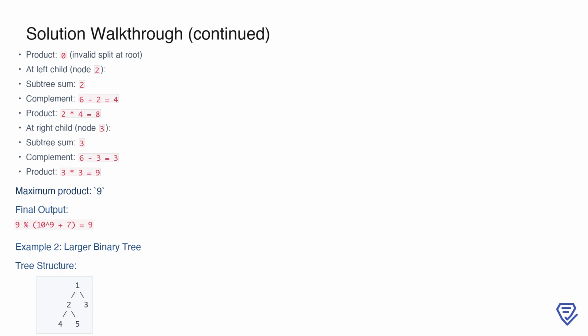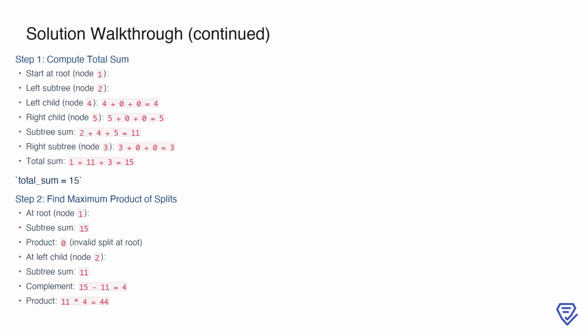The product of these two parts is 2 times 4, resulting in 8. Similarly, at the right child, node 3, the subtree sum is 3, and the complement is also 3. The product is 3 times 3, giving 9. Among these splits, the maximum product is 9. Since the result is already less than 10 to the power of 9 plus 7, the final output is simply 9.